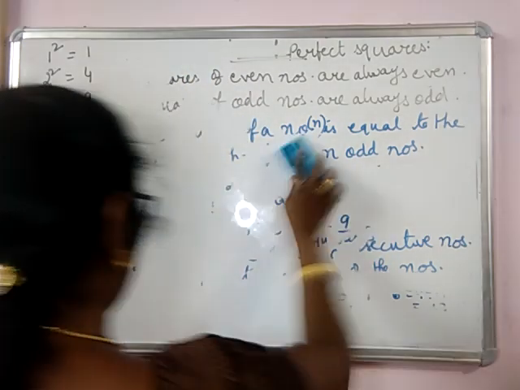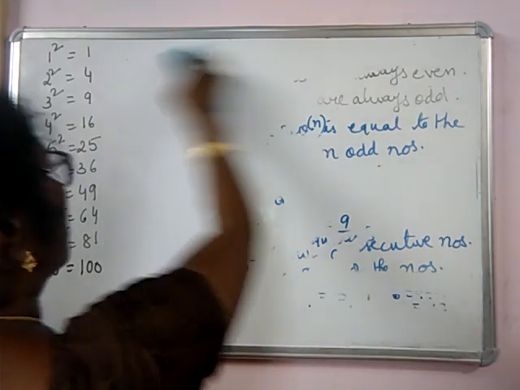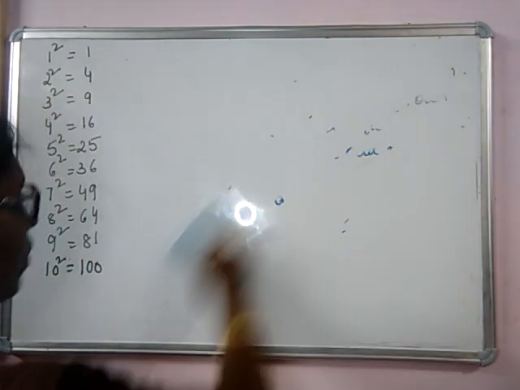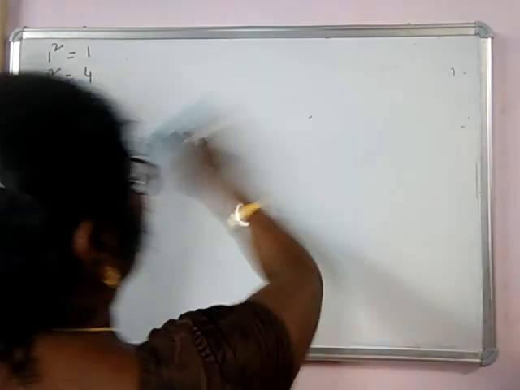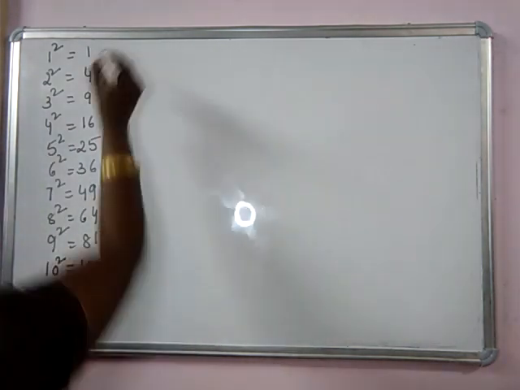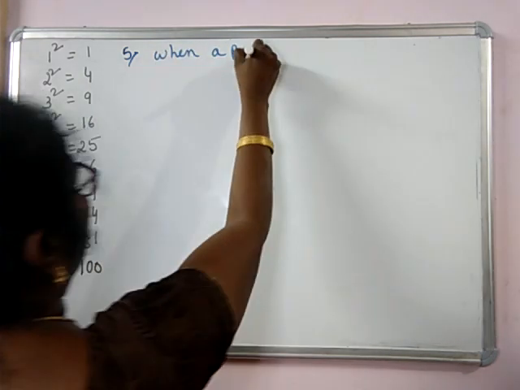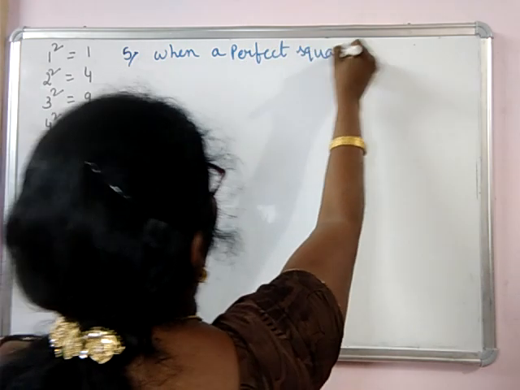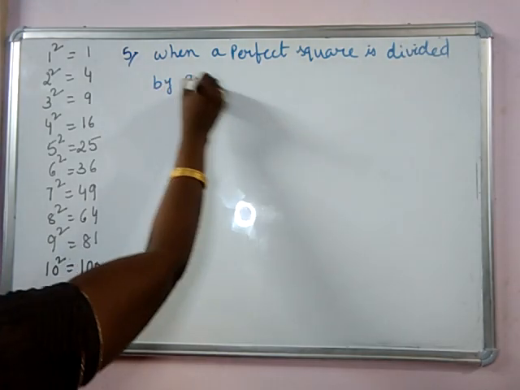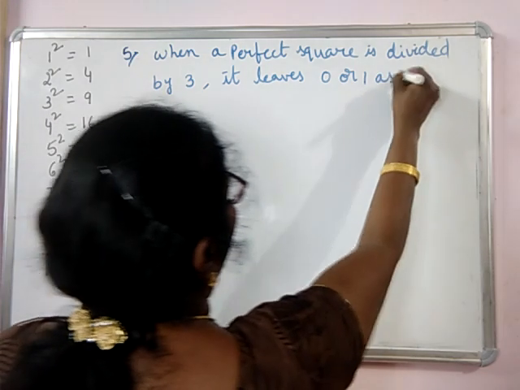Fifth property. A perfect square, when it is divided by 3, always leaves 0 or 1 as remainder.